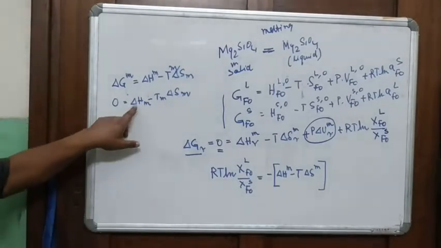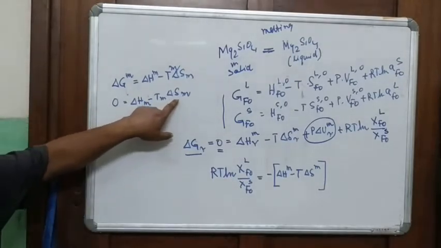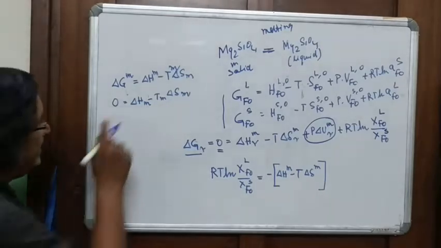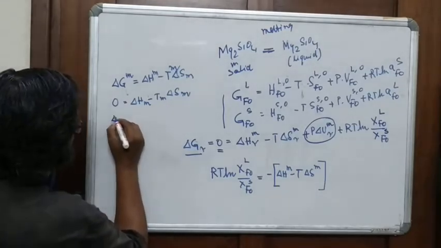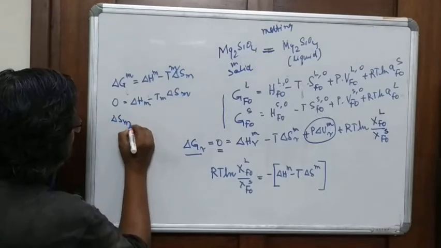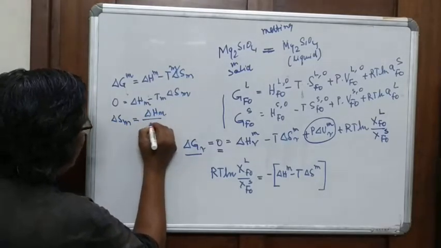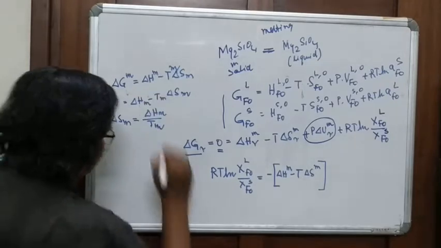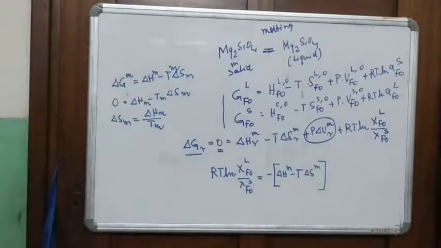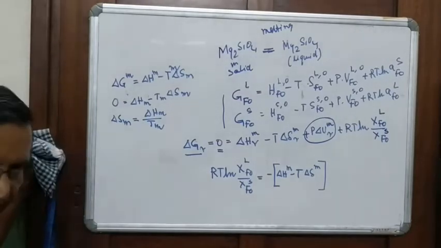It's delta H melting minus Tm into delta S melting. And if I do that, then I can write delta Sm is equal to delta Hm divided by Tm. Have you understood?